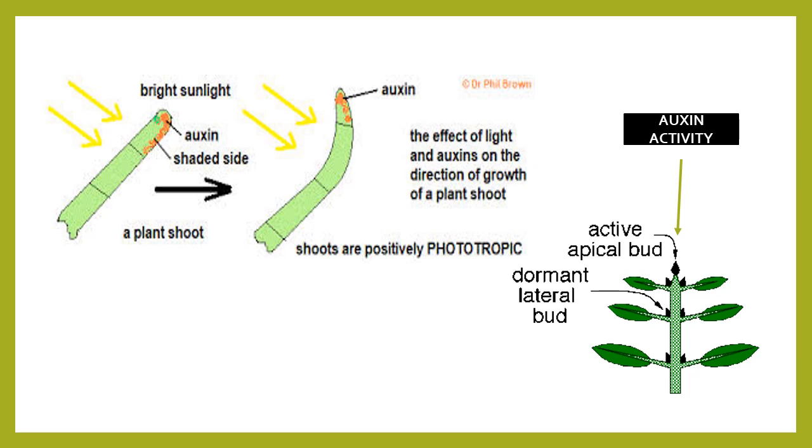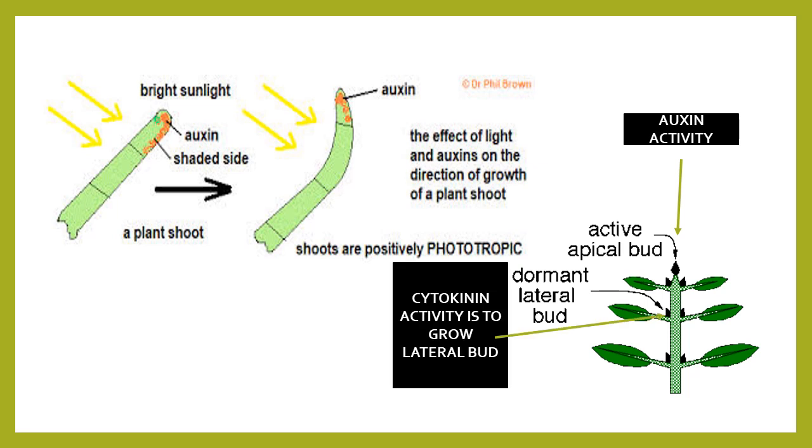In the dormant lateral bud, you can see there is no lateral growth. If we need to grow this lateral bud, then the action of cytokinin is needed, whose activity is to grow the lateral bud. So auxin and cytokinin both are needed in a particular ratio for the growth of the plant.